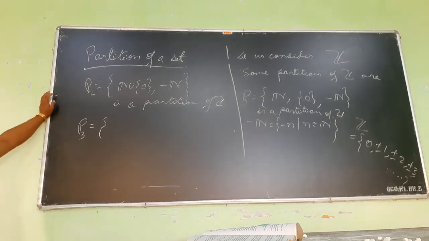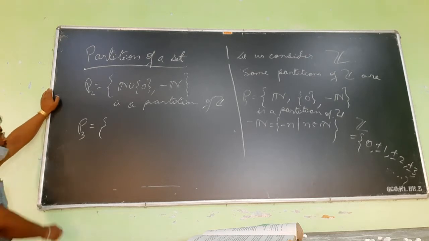We have done something in the earlier class also. Another partition of Z. How can we separate? I just have to write some mutually disjoint subsets whose union is Z. Try.